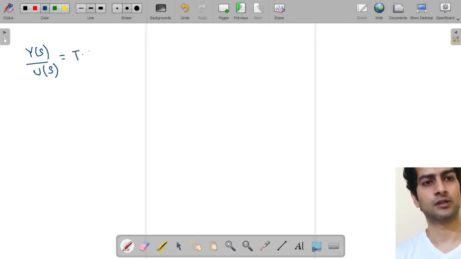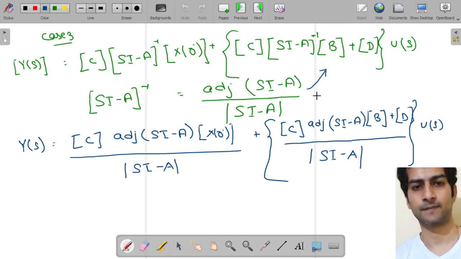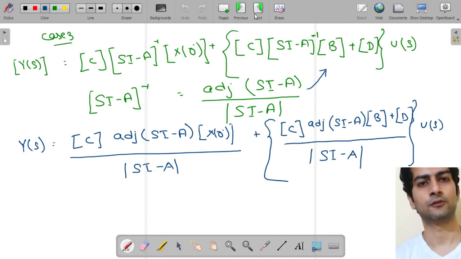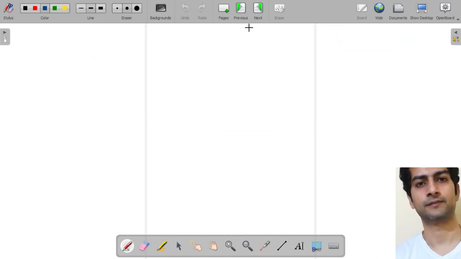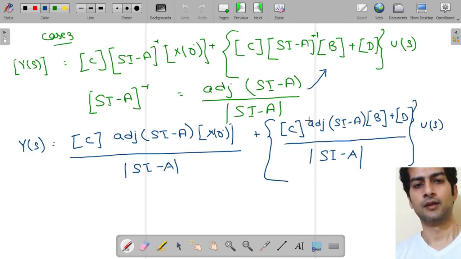Yes, Y(s) is this. So we have got in the denominator mod of (sI minus A).